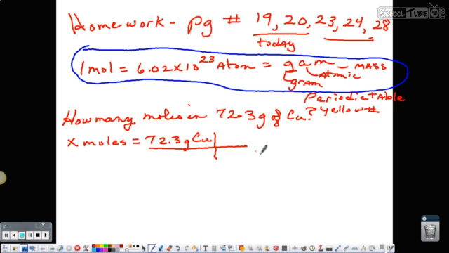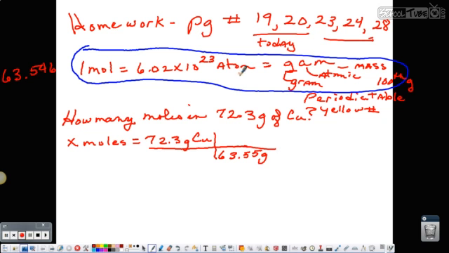On the periodic table. Always round this off to the nearest hundredth of a gram. So when I look up copper on the periodic table, I see 63.546. Round that off to the nearest hundredth. 63.55 grams.